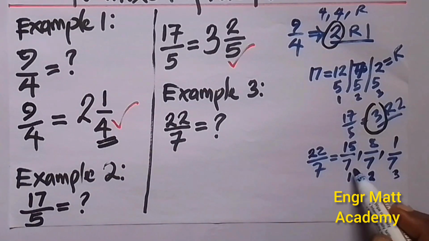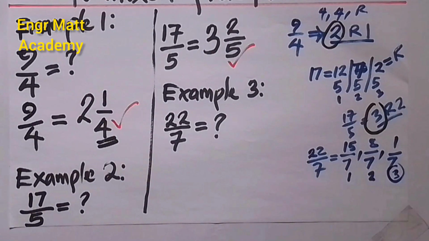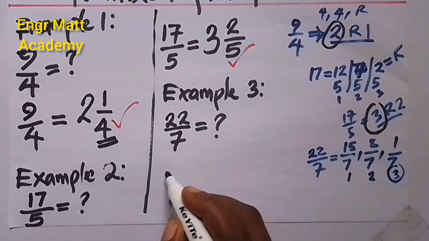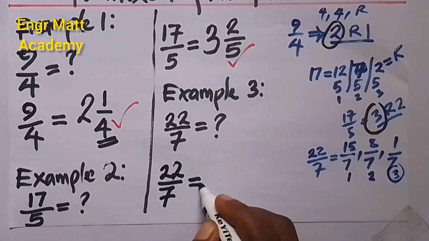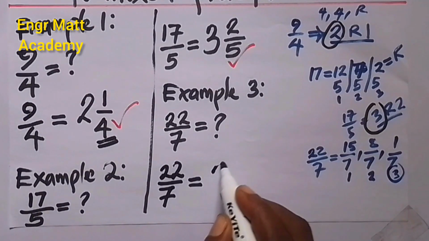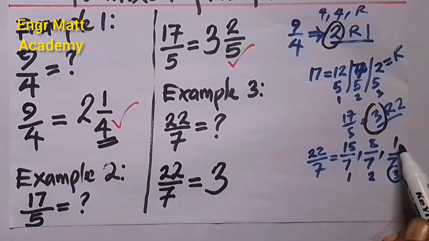So how many 7s do I have in 22? 3. 1, 2, and 3. So this 3 is my whole number. So 22 over 7 is equal to 3 as our whole number. We are having 1 as our remainder.